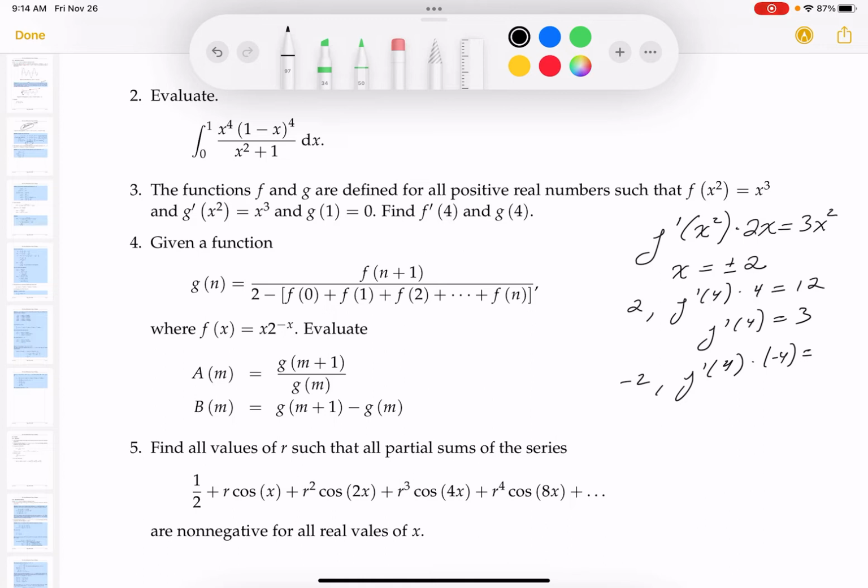Now it'll be 3x squared, which would be 12. So I get 2 different numbers. I've got to think now, right? What's that going to give me? Minus 3. I've got to think. And the problem with thinking is it wastes time right now.